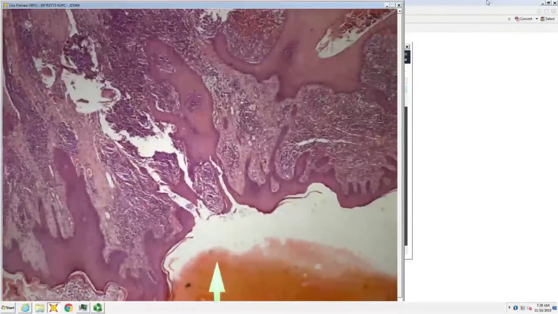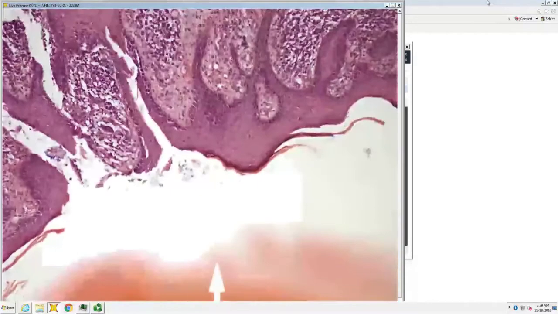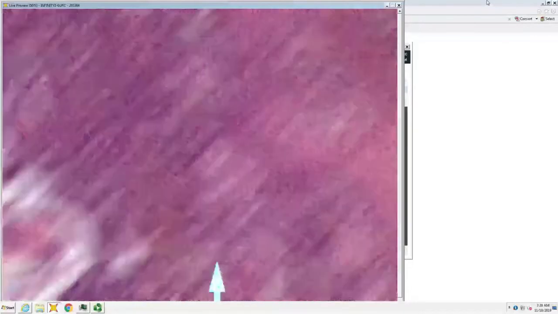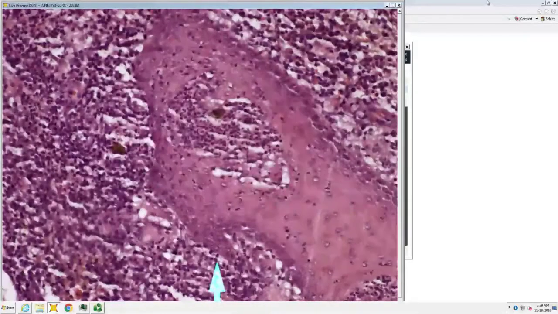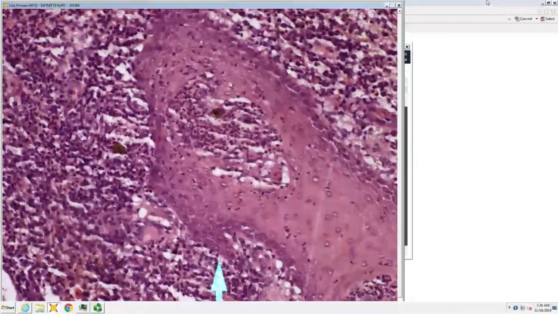Let's look. I'm just guessing that might be a good place to look. On your board exam, you can expect a big arrow as well, right? Wouldn't that be nice? Okay.